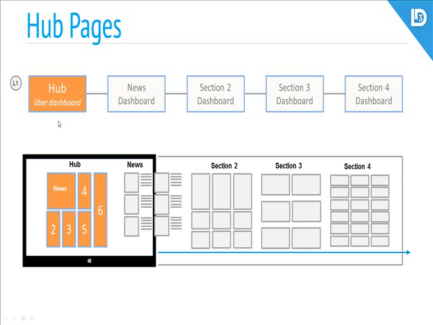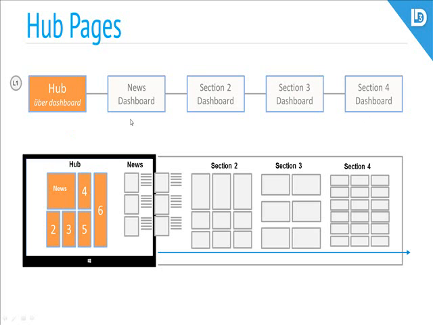Think of this as the Uber dashboard, the super dashboard, which pulls maybe the most important story from each of the main categories of this application, of this website. For my example, I could be pulling something from the main news story, the main sports story, the main entertainment story, the main political story. All of that would be bubbled up here to the hub.